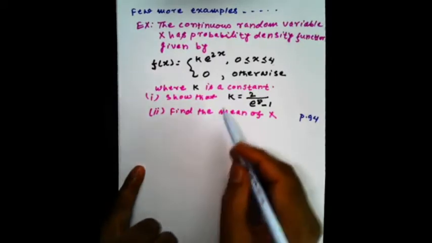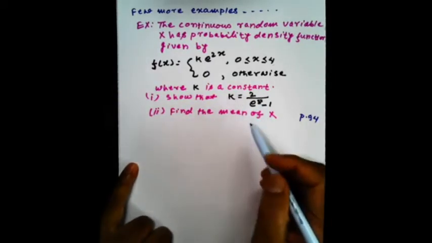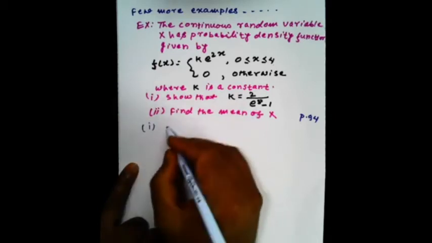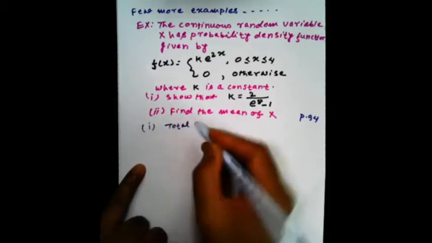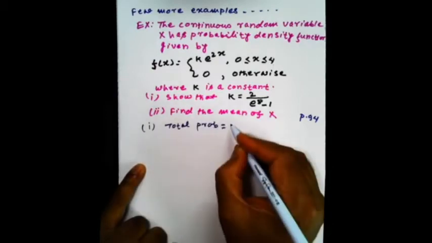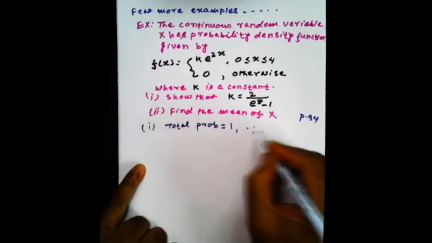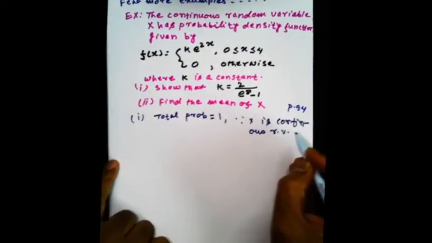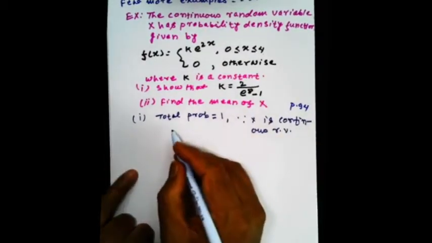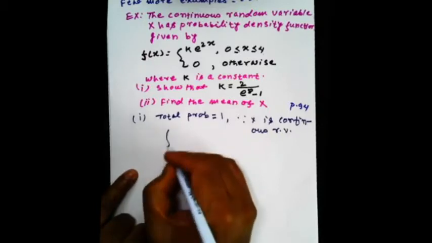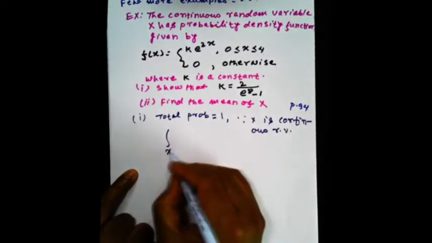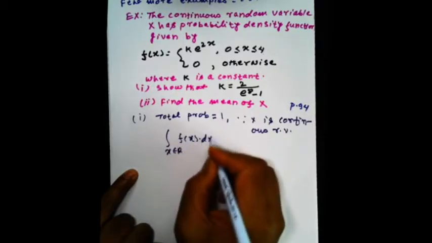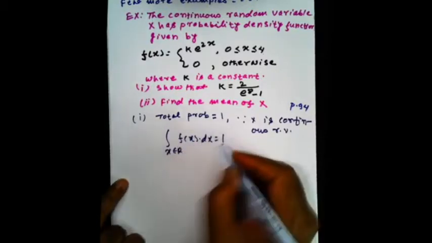In order to show that k equals this, we know that the total probability, in question number 1, must be equal to 1, since x is a continuous random variable. This total probability is given by the total area under the curve f(x), so the integral over x belongs to R of f(x) dx equals 1.